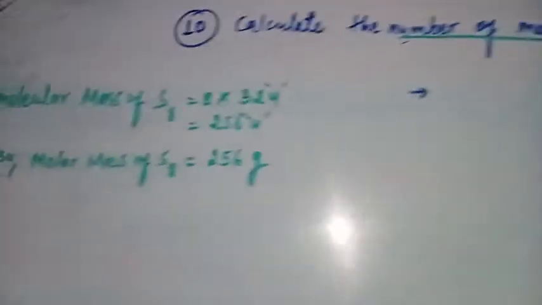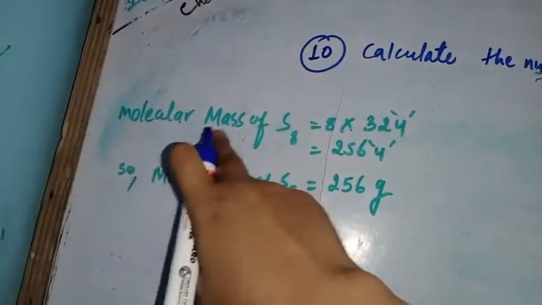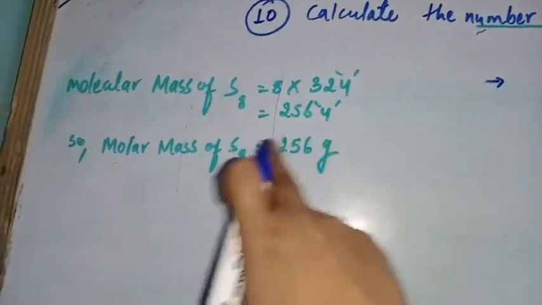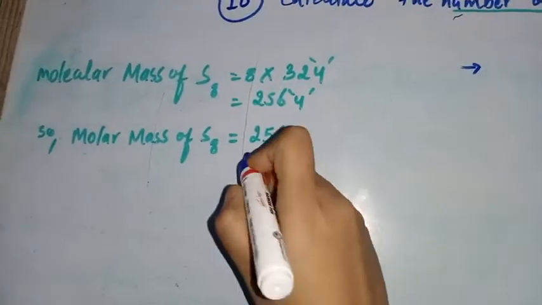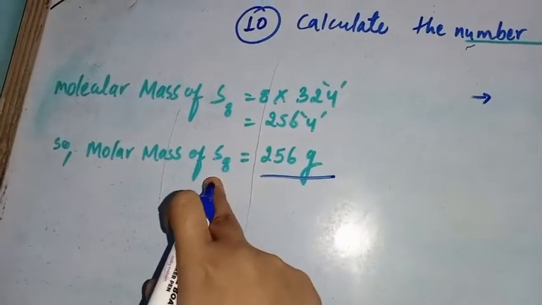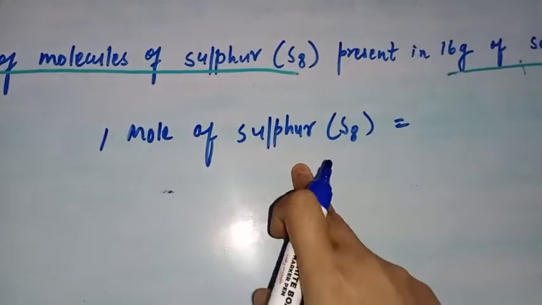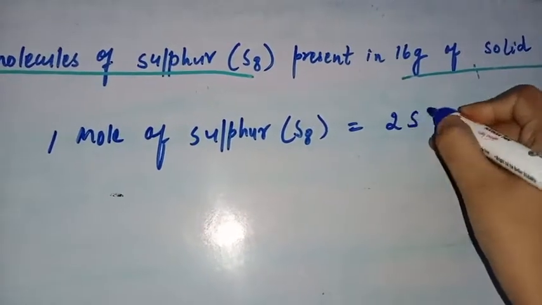So molar mass we can calculate by using the molecular mass of sulfur, S8, 256 u we got, so molar mass will be 256 gram. This is the 1 mole of sulfur molecules. So 1 mole of sulfur molecules is equal to 256 gram.